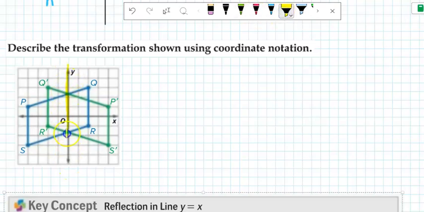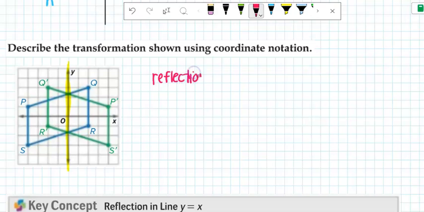If we drew this as our line of reflection, right? Hopefully we can see that this is a reflection in the y-axis. Okay, but we need more than that. We need the coordinate notation. So let's pick a point. Let's say P.